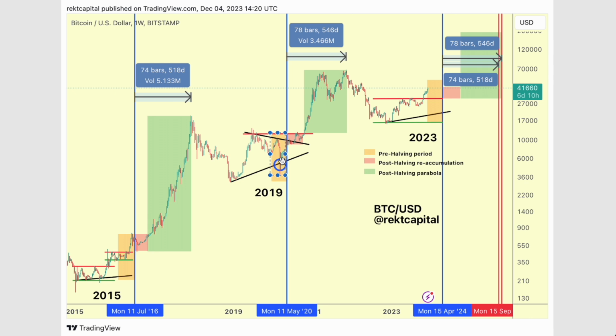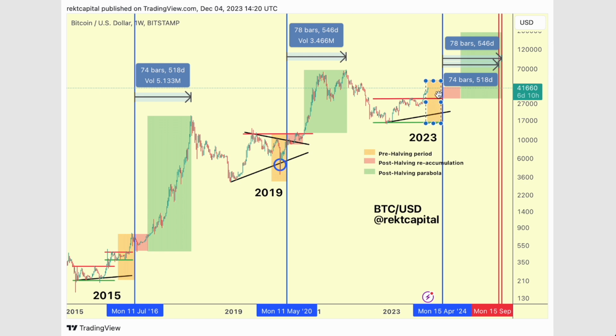And during this pre-halving period of well over 100 days going into the halving, we tend to see either re-accumulation and the pre-halving rally. We can also see relief rallying, pulling back, of course, a black swan event, so we might not see that again, but a pre-halving rally nonetheless.